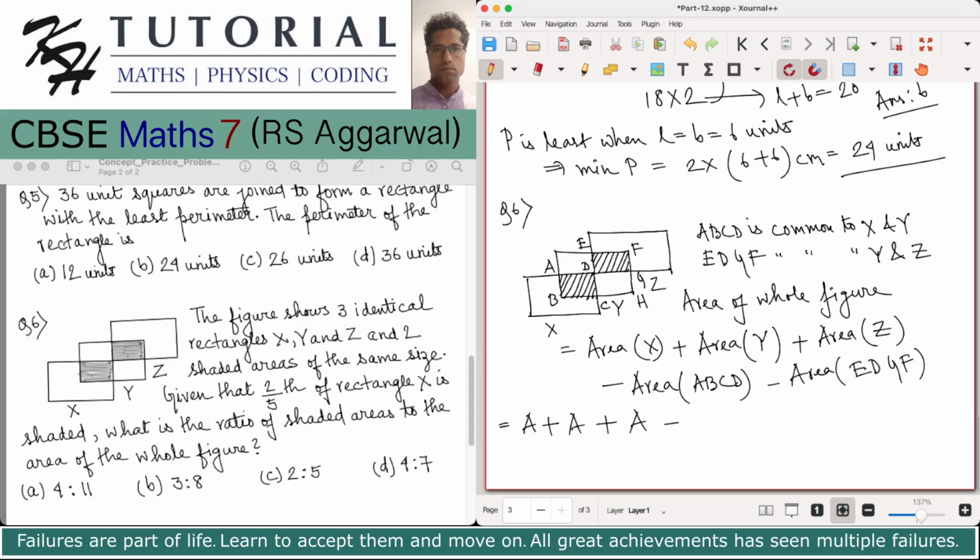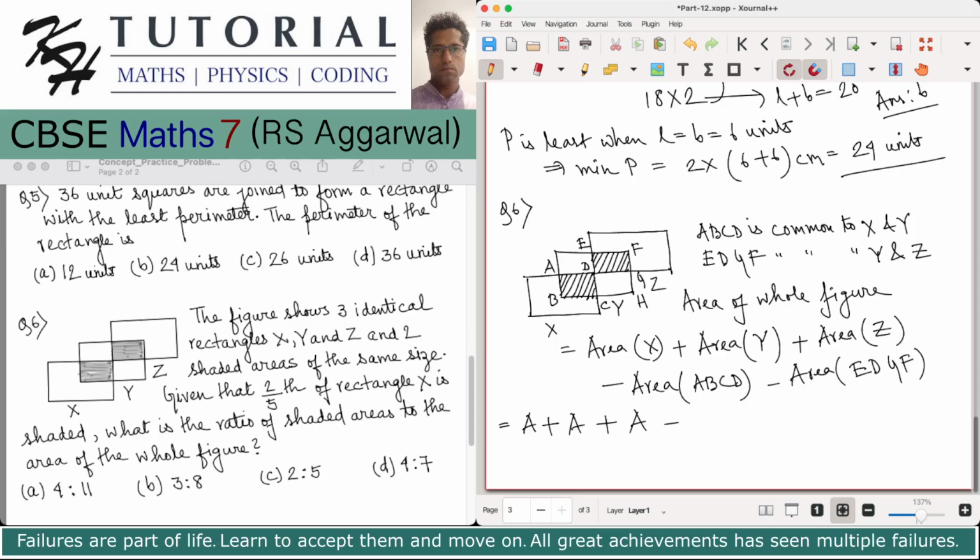It is given that the two shaded areas are of the same size, and that 2/5 of the rectangle X is shaded. 2/5 of the rectangle X is shaded means the area of ABCD.